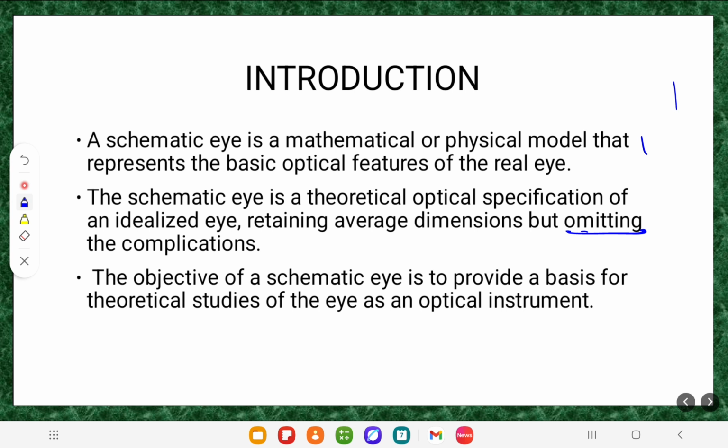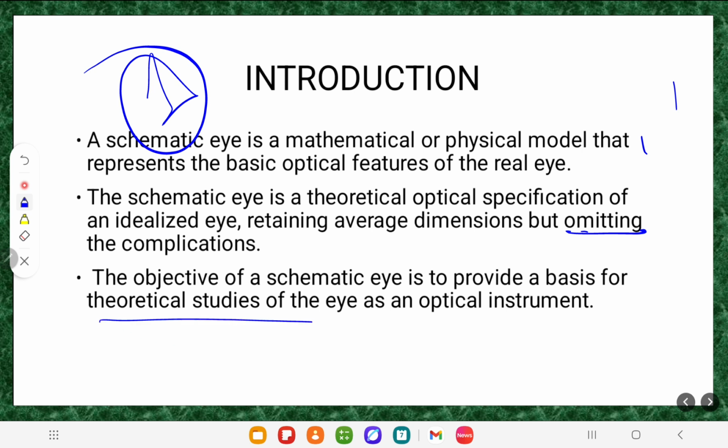Gullstrand got the Nobel Prize, in 1901 I think, for his invention of the schematic eye, not for the invention of the slit lamp. So you must understand that the only thing that got a Nobel Prize in ophthalmology is the schematic eye. Because the schematic eye helps in theoretical studies, we can study the eye as an optical instrument.